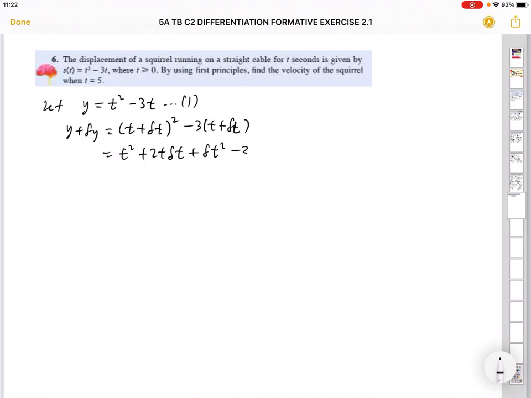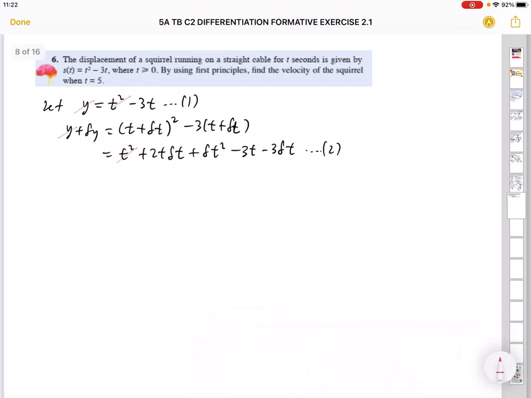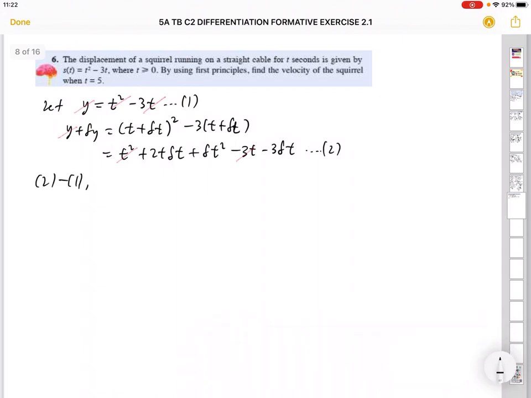As you take equation 2 minus equation 1, I cancel straight away: these two cancel, and the terms without delta t cancel. So your delta y is now 2t delta t plus delta t squared minus 3 delta t. When you divide everything by delta t, you get 2t plus delta t minus 3.